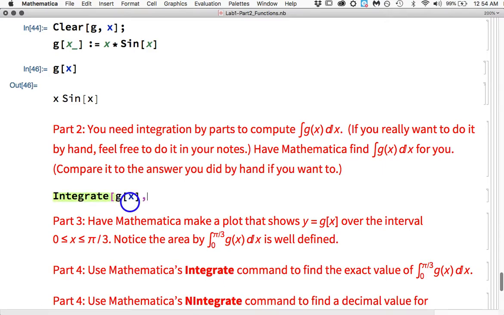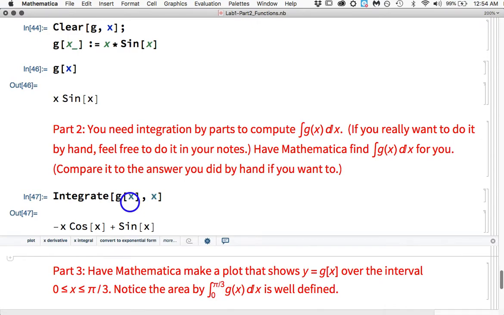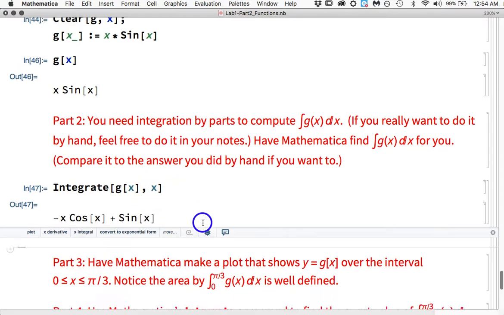It's now g of x, and I want to integrate with respect to x. And the answer is going to be minus x times cosine of x plus sine of x plus any constant that you want to add. If you take the time to integrate this by parts, that is indeed what you will wind up getting.